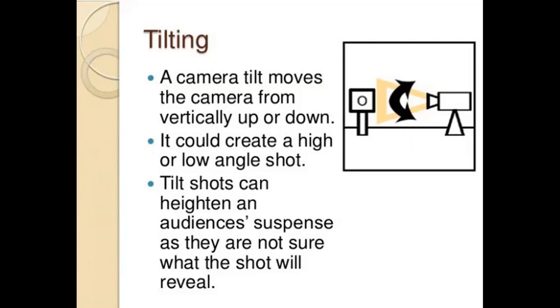Pointing the camera up and down as opposed to moving the whole camera up and down. It can be used like panning to follow a subject or to show the top and bottom of a stationary object. With a tilt, you can also show how tall something is.